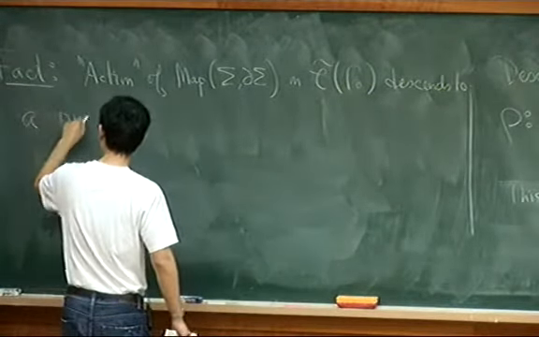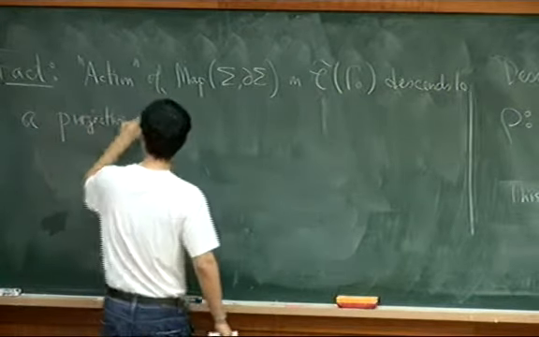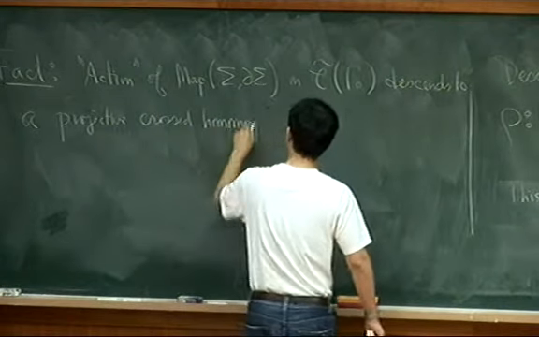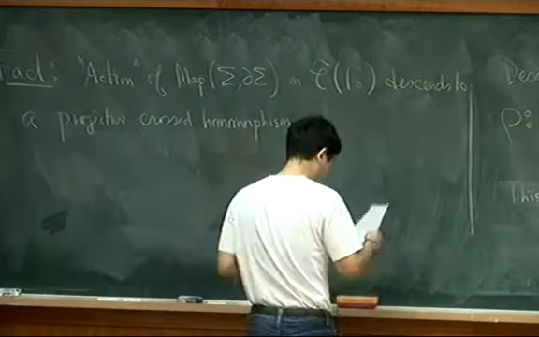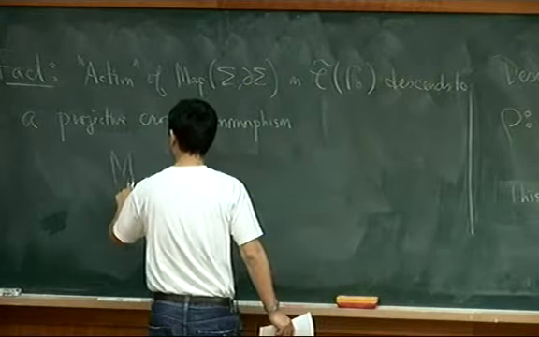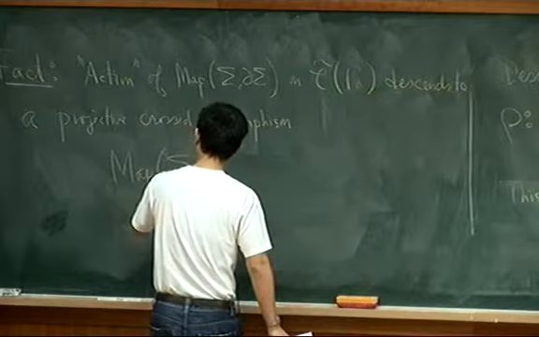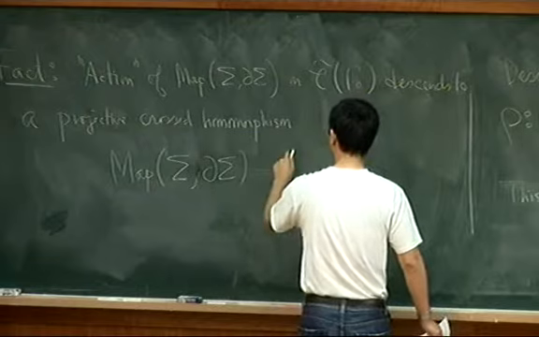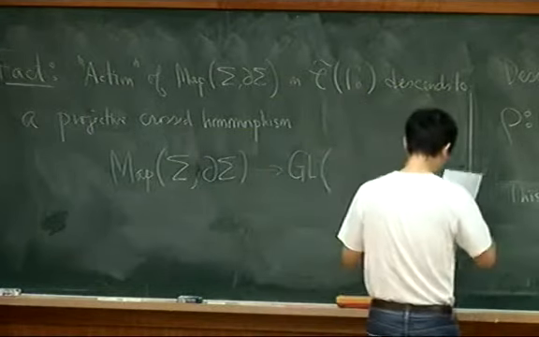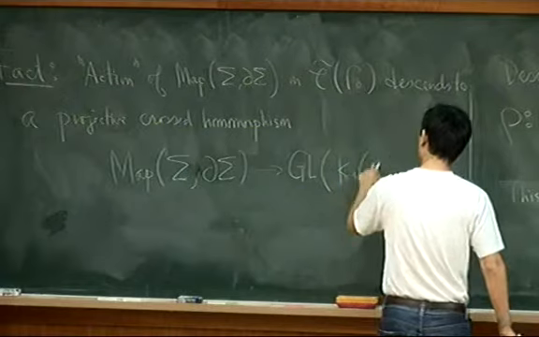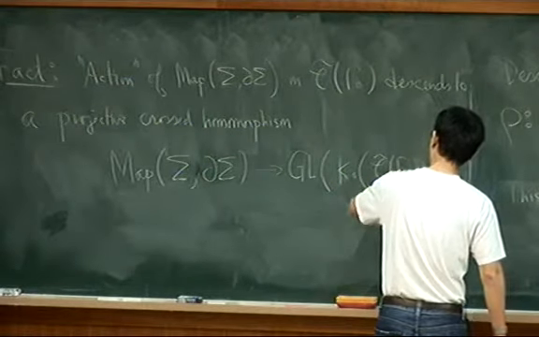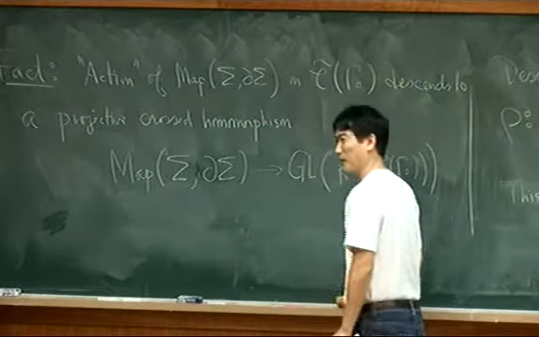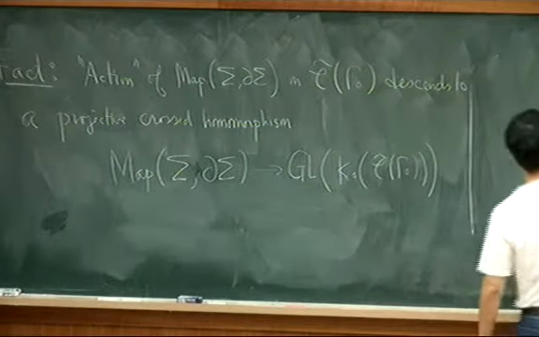So a map of sigma boundary sigma to GL of K0 of C tilde gamma naught. Okay, so what's this projective business?